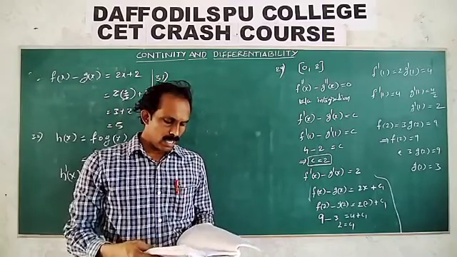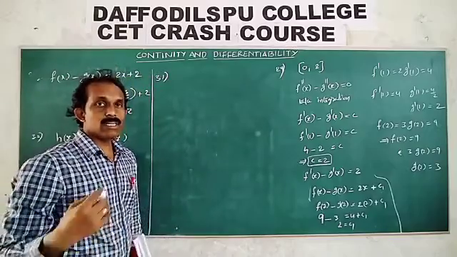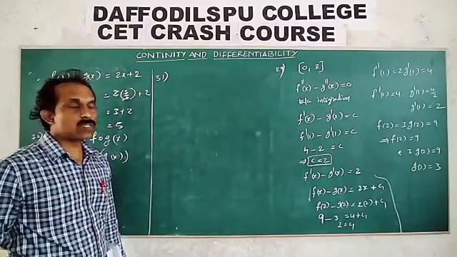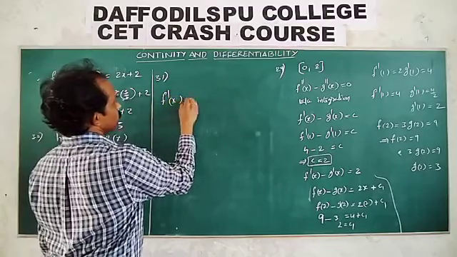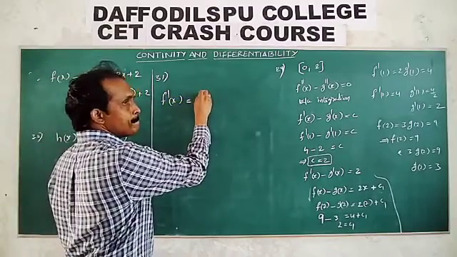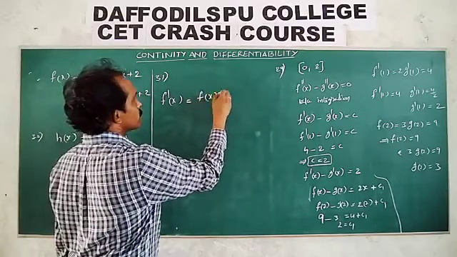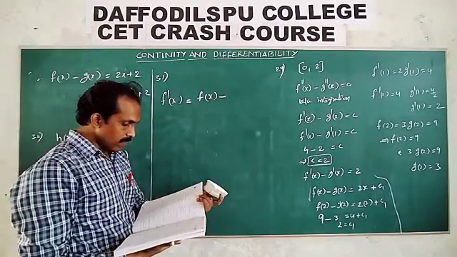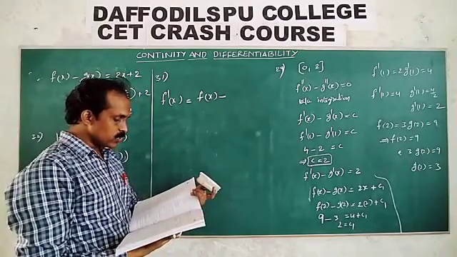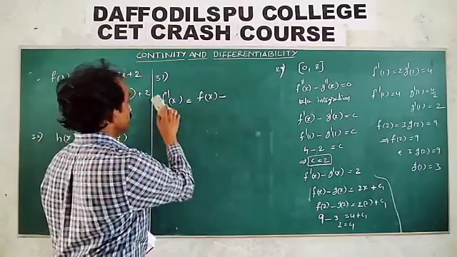Okay, then f'(x). Right. The f'(x) formula by using the first principle. What is f'(x)? Right. f'(x) is equal to f(x) minus, what is given, f(x) minus f(y). Like that you will take, but wait a minute.